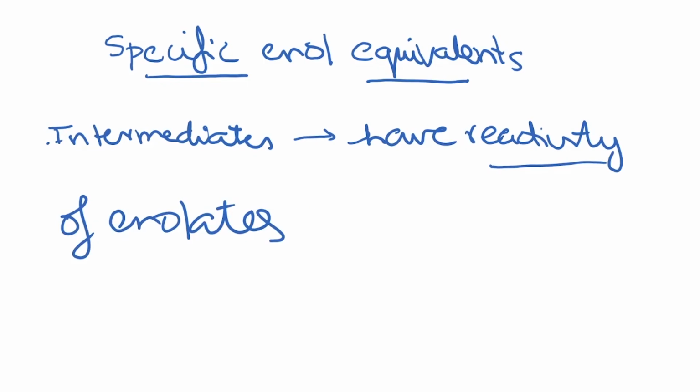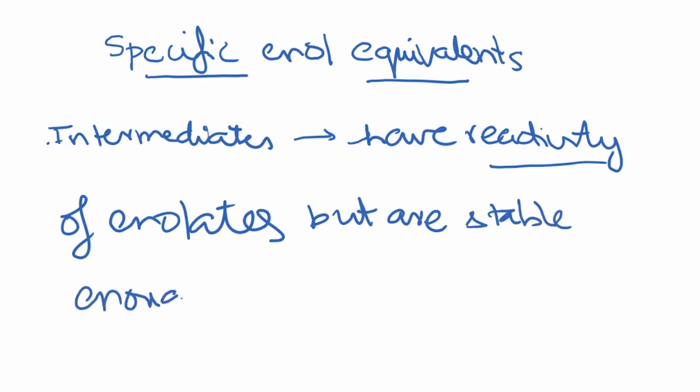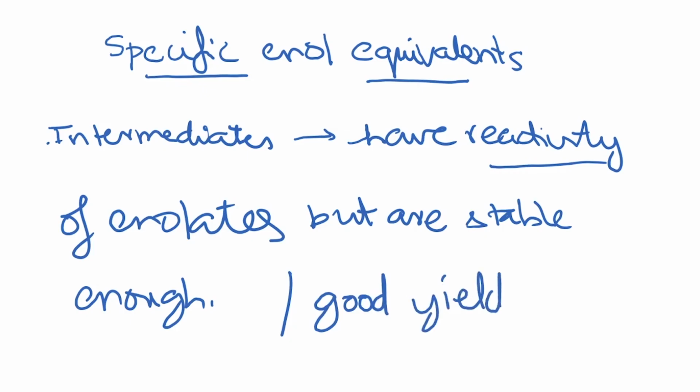Unlike a traditional enolate, which is quite unstable, these enol equivalents can even be stored if needed. Also, the critical part is that they have to produce the product in good yield. These are some criteria that we look at for specific enol equivalents. It will become clear as we go forward what these are.